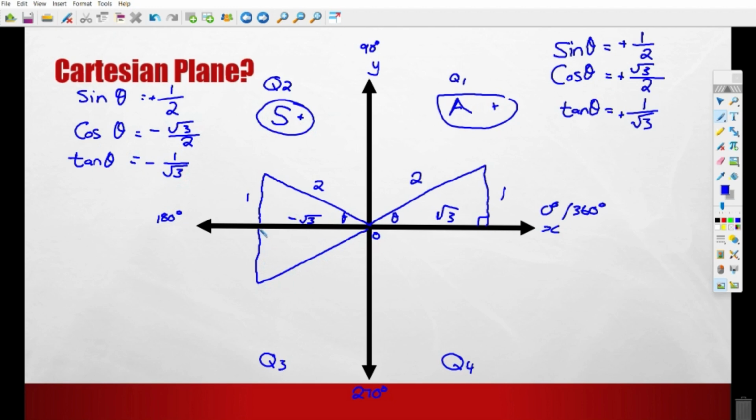If I now draw another triangle, and I'm in the third quadrant, I'm going to draw a triangle here, and I call that theta. I've got the negative square root of 3 over there, and 2 stays there. Now if you look at my y values, if I'm going above the x-axis, I know I'm positive, but if I go below the x-axis, we know that my y values are negative, so this is going to be negative 1 now.